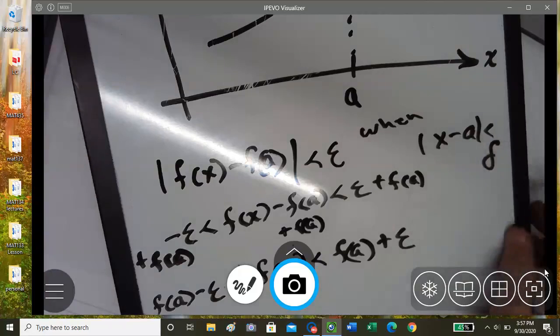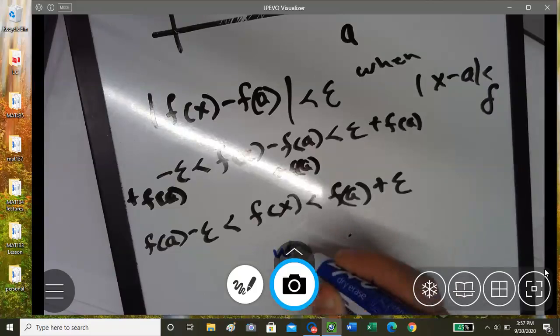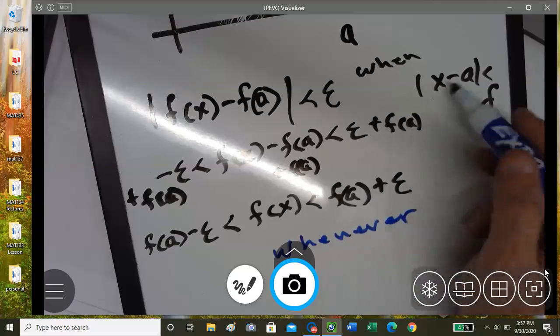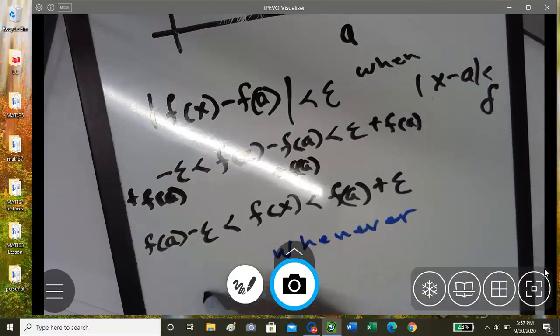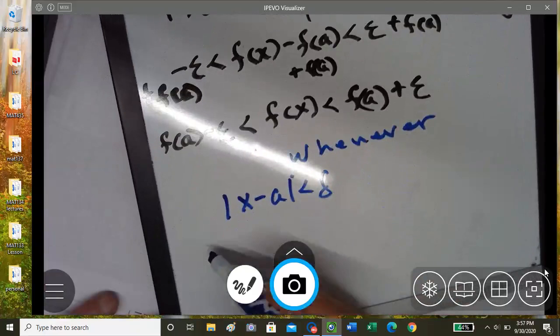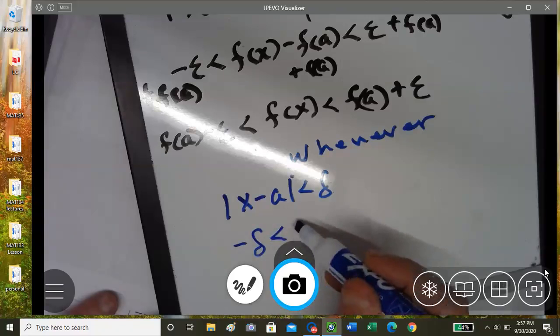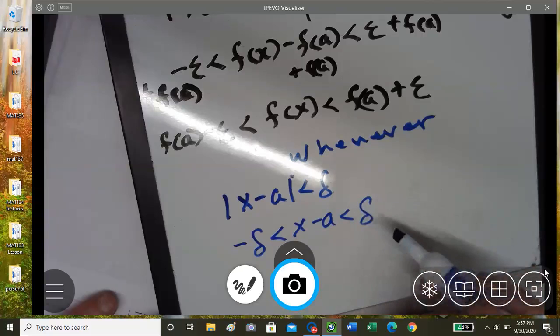Well, whenever we have |x minus A| less than delta, if we remove the absolute values, we get negative delta is less than x minus A, which is less than positive delta.